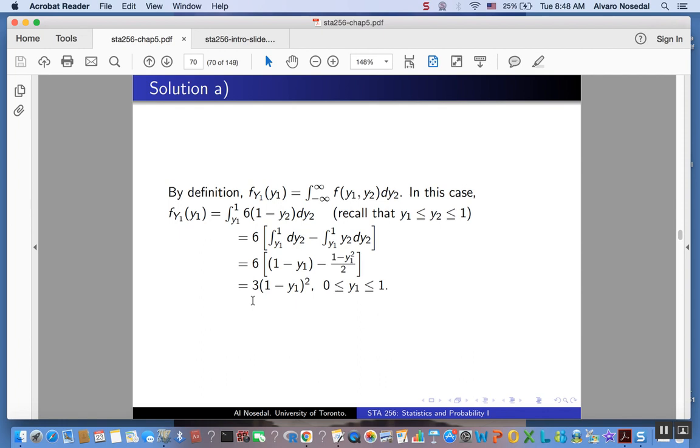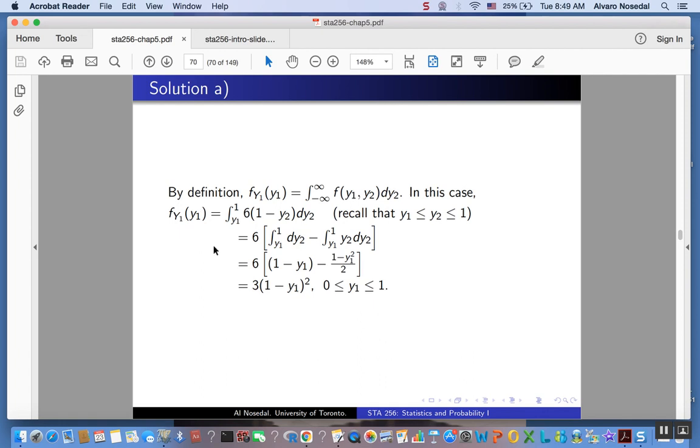In this case, the marginal was 3 times 1 minus y1 squared, and then, as I said, it would be the old expected value: the integral from 0 to 1 of y times that univariate probability density function.